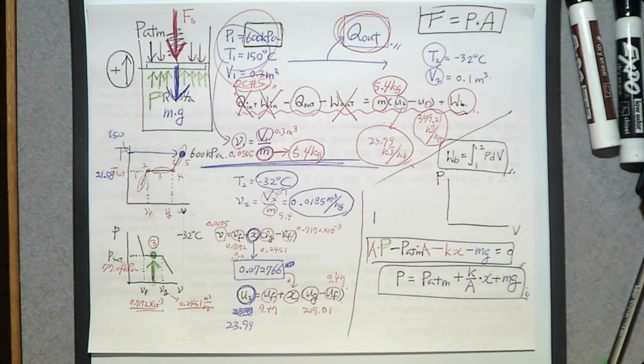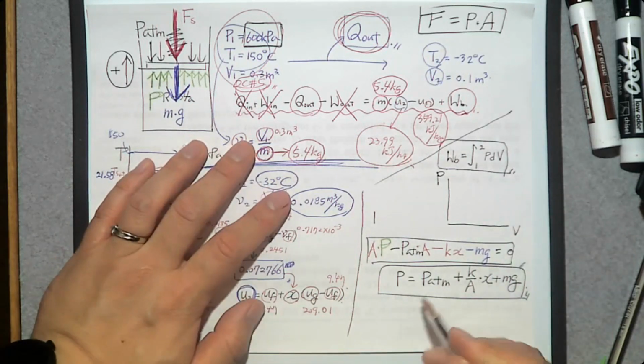Constant. Spring constant, variable or constant? A silly question, right? The name is spring constant, so it should be constant. What about area? Constant. What about mass? Constant. Gravity? Constant. What about this X? That's the displacement of this piston, so it's variable. So pressure should be constant times X plus constant.